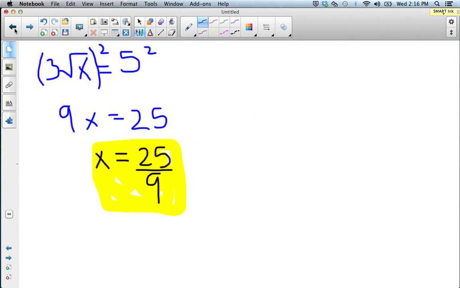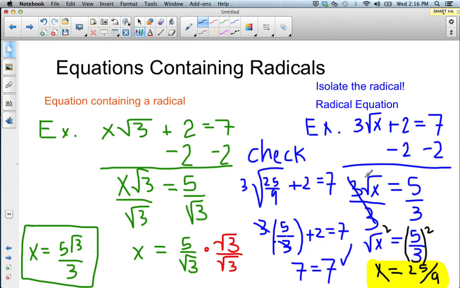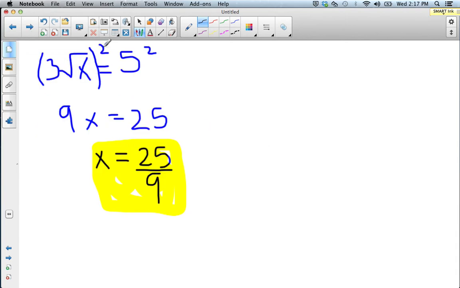So this is an example of what I was talking about here, where you can divide by the 3 if you want, and then square, or you can square both sides once this term is by itself, but make sure that you square both parts, because the square belongs to the 3 and the square root, so it became 9x.